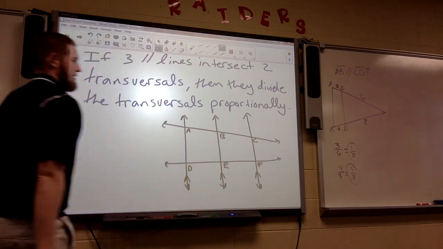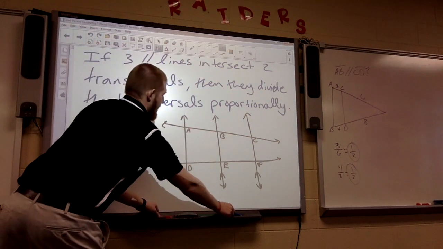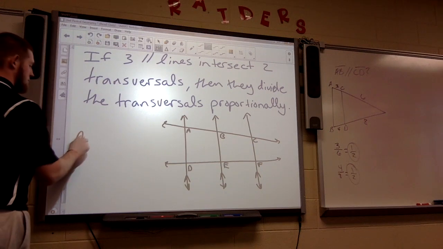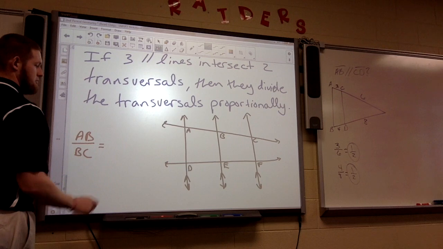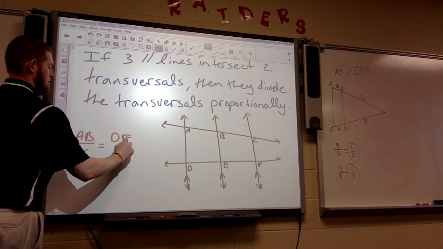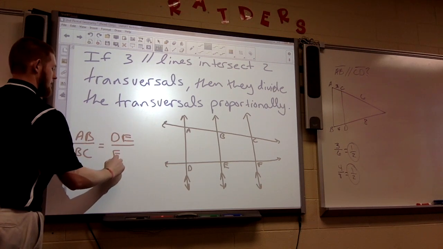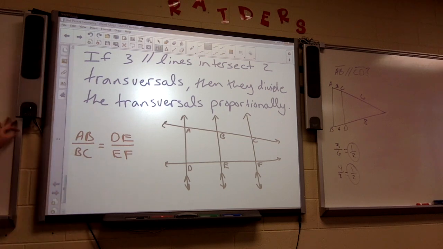If that is the case, then AB to BC is equal to DE to EF. Is everybody seeing my proportion, how I got that set up?